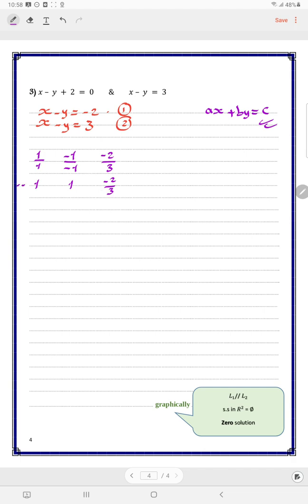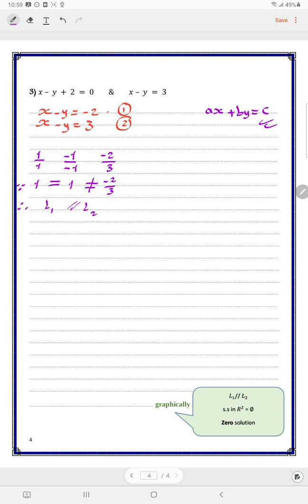The first ratio equals the second ratio, but not equal to the third ratio. In this case, when the ratio between the coefficients of x equals the ratio between the coefficients of y and is not equal to the ratio between c1 and c2, that means L1 is parallel to L2.